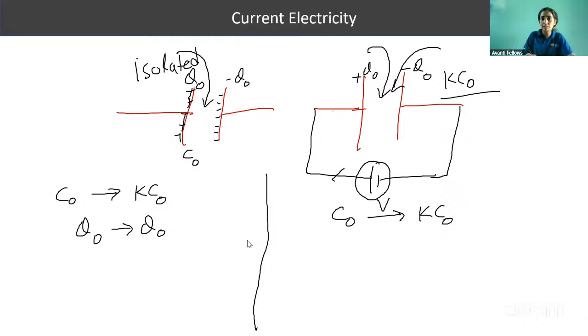So this battery will fill this desire by giving it more charge. So here the final charge will be greater than the initial charge. And how much? Q naught will become K Q naught. So Q final will be equal to K Q naught.